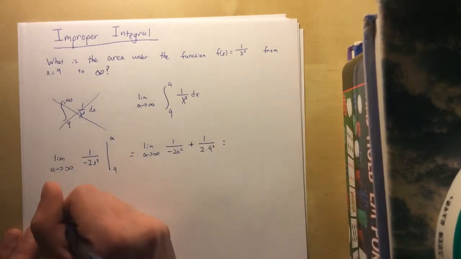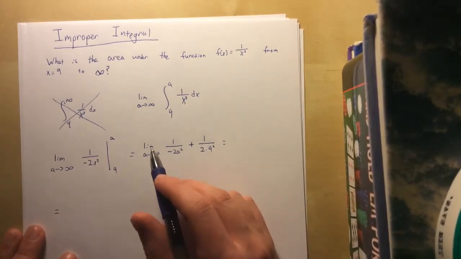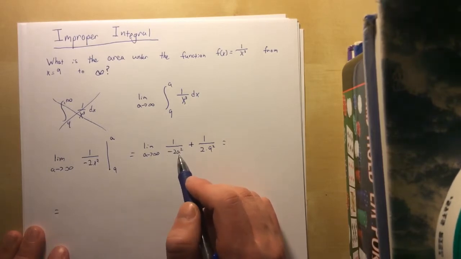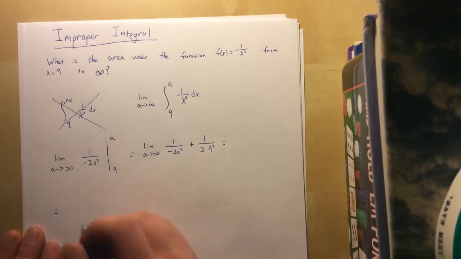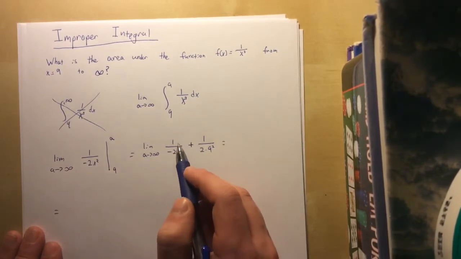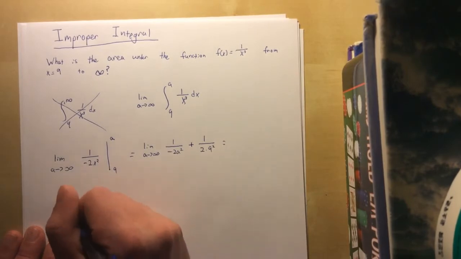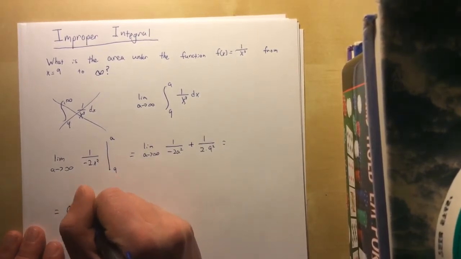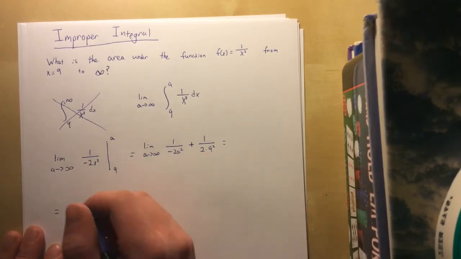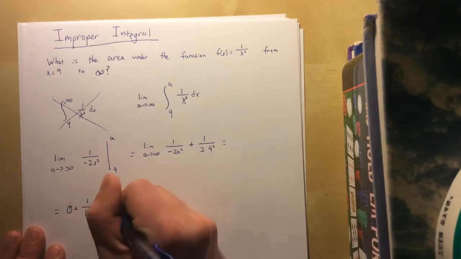At this point you can take the limit as a approaches infinity and say that, well, this is 1 over pretty much infinity squared, which is 0. So it's going to be 0 plus 1 over 2 times 9 squared. 9 squared is 81, 2 times 81 is 162.